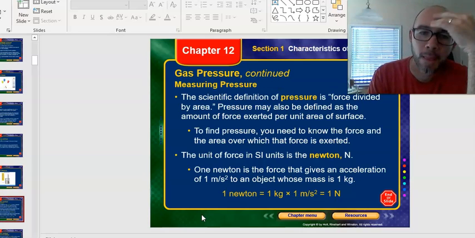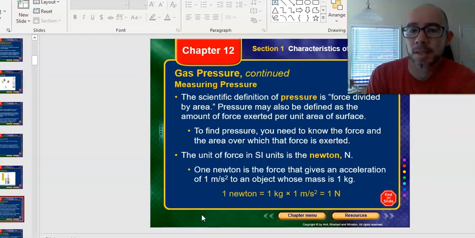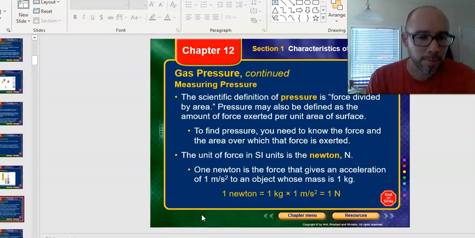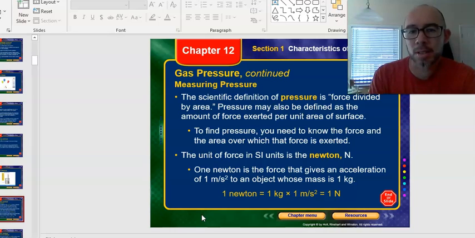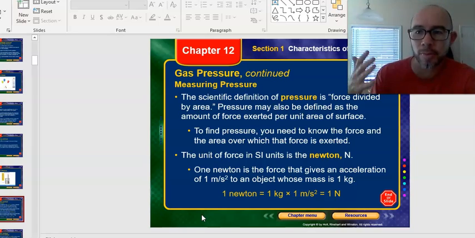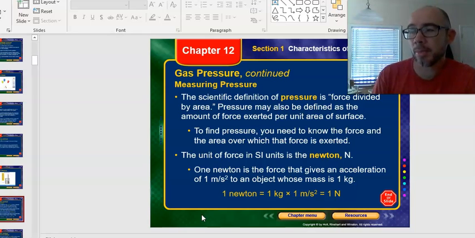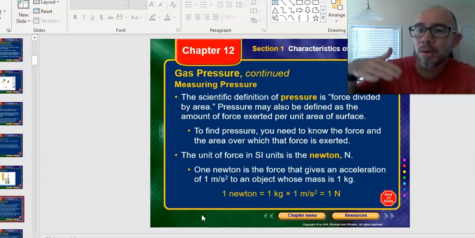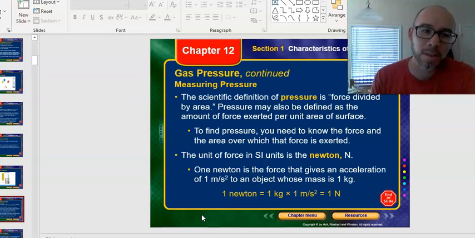It really depends on the circumstances as to what kind of pressure units you're measuring in. For weather, they talk about inches or millimeters of mercury because you have lots of increments to show how much things are changing.